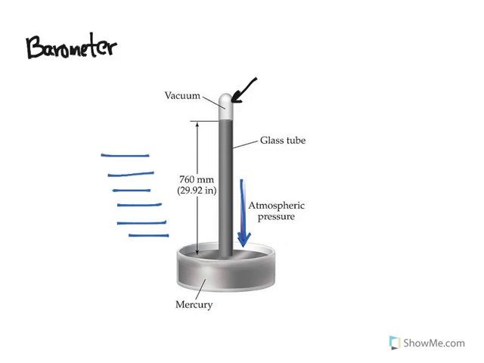So the more layers we have, the higher is going to be the height of mercury inside the capillary tube. If we are at 1 atmosphere, it means that it will increase to 760 millimeters of mercury. Probably you're acquainted with this kind of units because of this.